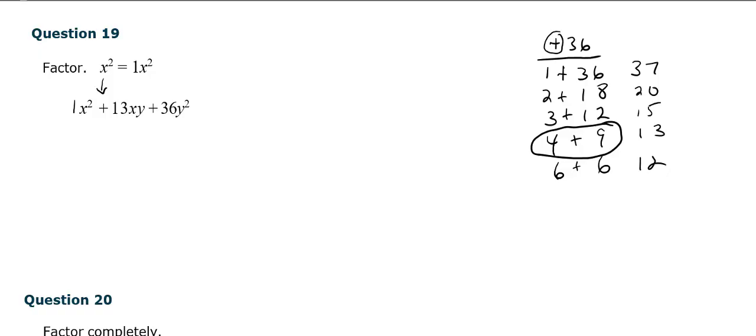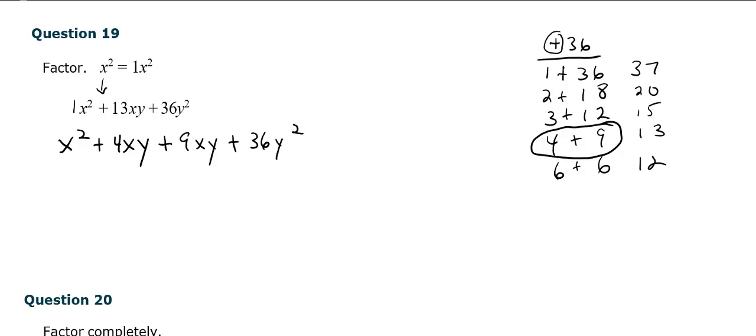So now what I do is I take those two in any order and I rewrite my middle term. So notice my middle term in this case is xy. So I put plus 4xy and plus 9xy, and then again plus the 36y squared.